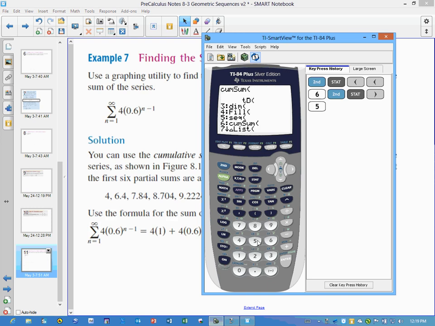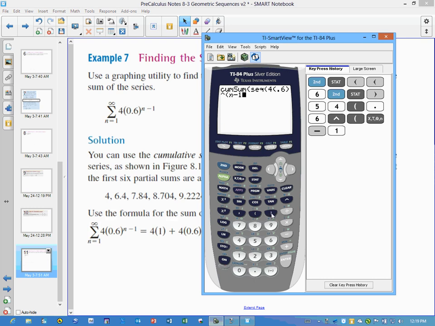So now I choose 5. And we want 4 times 0.6 to the n minus 1. Now notice how when I'm raising it to an exponent that has more than one term, I do need to open a new parenthesis for that exponent. So it's n minus 1.